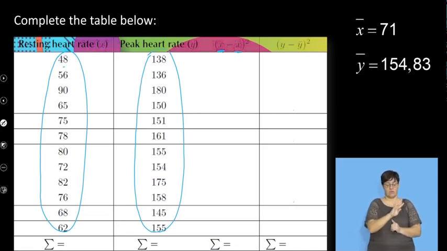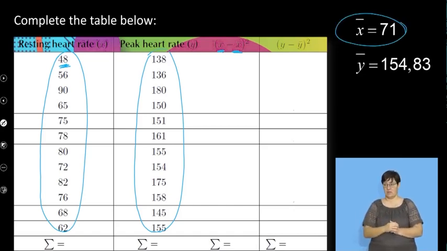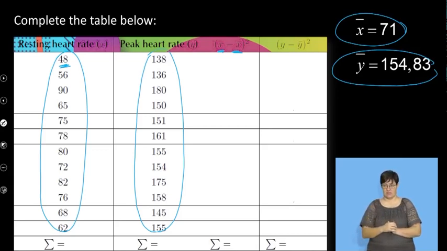So that will be 48 minus the average, then square that. So we do it for everything. And for Y also, and we know that the average for X is 71 and the average for Y is 154.83. So we do the same thing for Y. It's Y, which is 138 minus 154.83, then we square that.